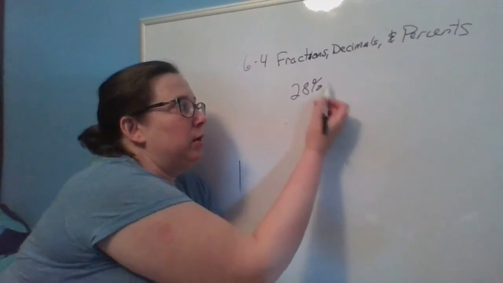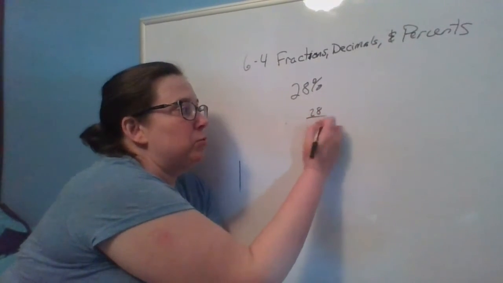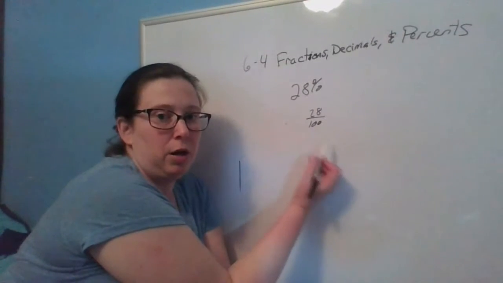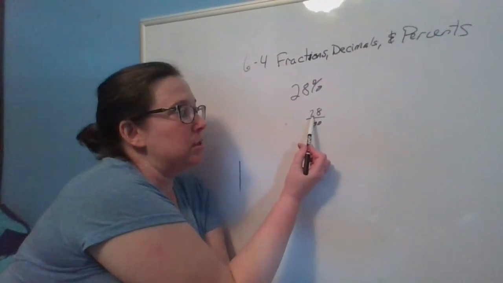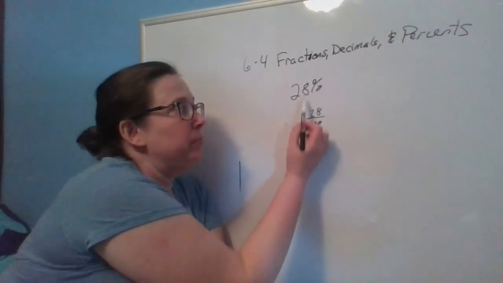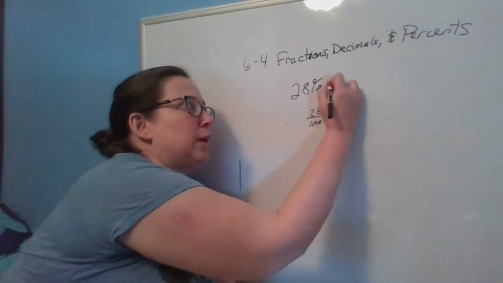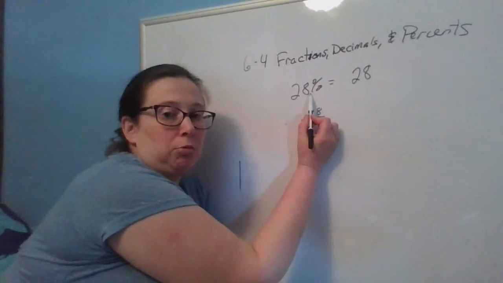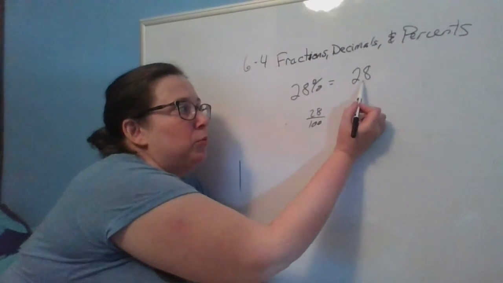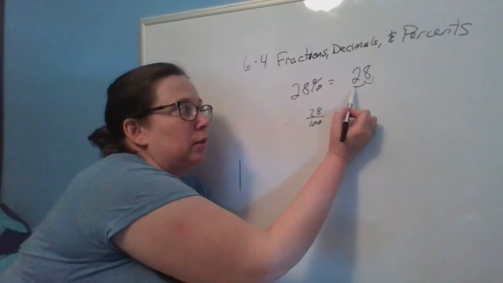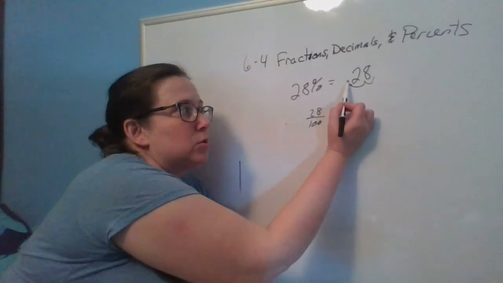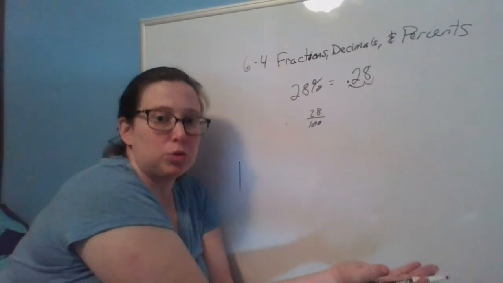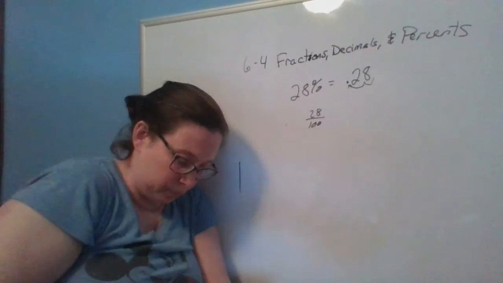So you could think of this as a relationship between 28 and 100, but what this is telling you is to take 28 divided by 100, which means you're going to take the decimal, which if there isn't one, is to the right of the number, and you're going to move it to the left 2 spots. So now it's going to be here, which is 0.28.